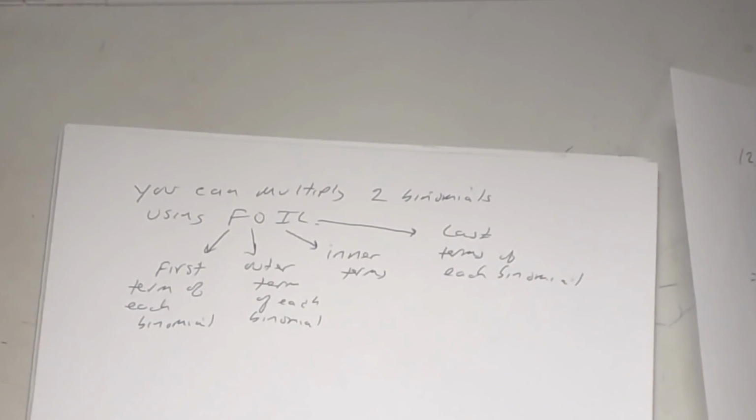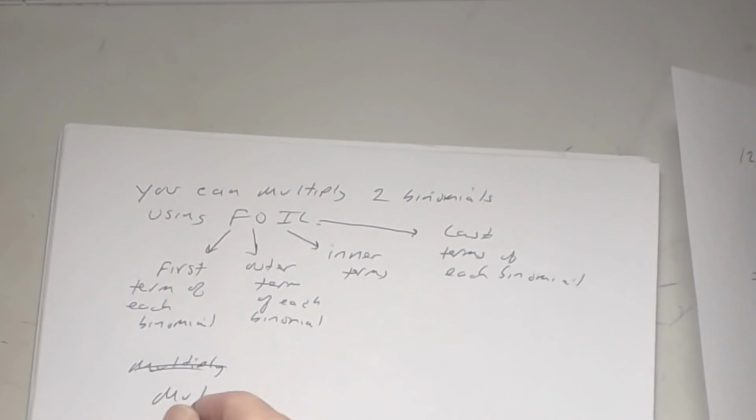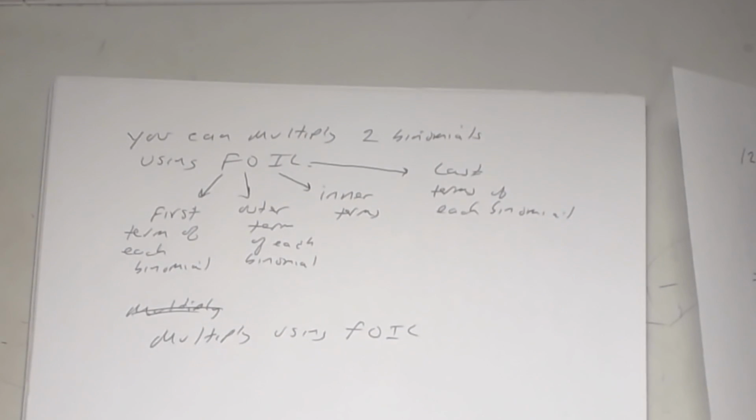All right, so let's do an example. So multiply using FOIL. Now notice it says multiply using FOIL. So your test, the directions will say that.